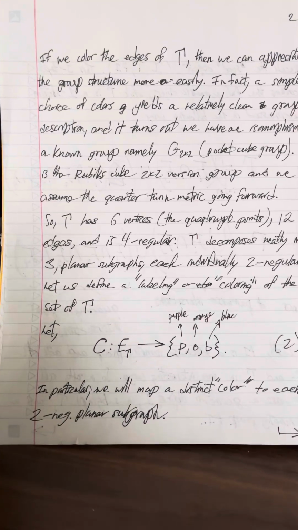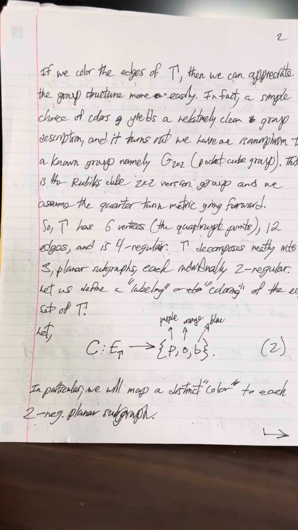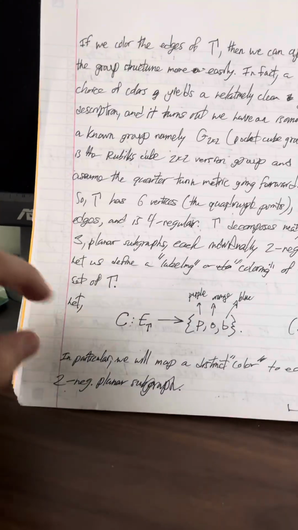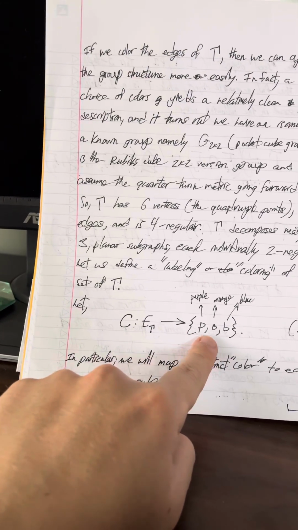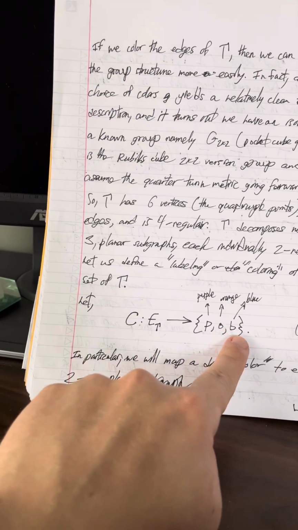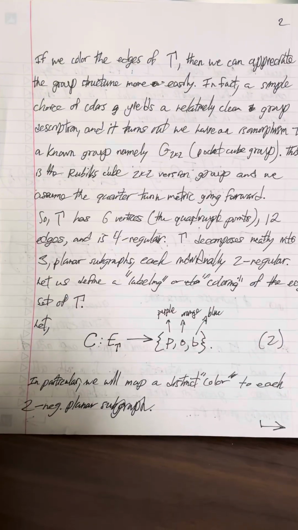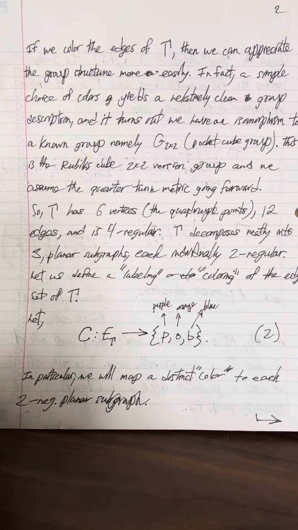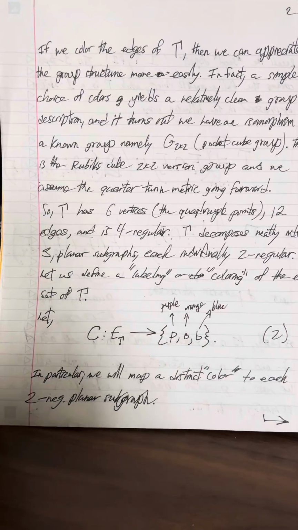So we define a coloring, or equivalently a labeling, of the edge set of gamma. We define this map from the edge set of gamma to these labels or colors: purple, orange, blue. In particular, we'll map a distinct color to each two regular planar graph. So that's the coloring scheme going forward.